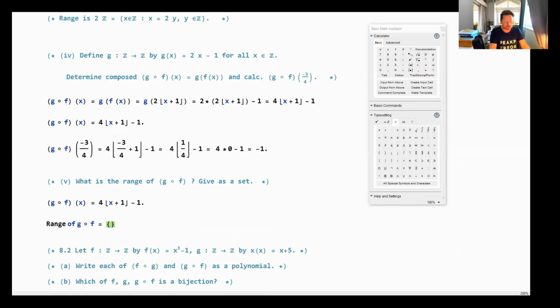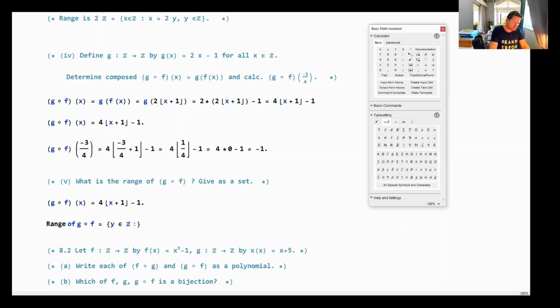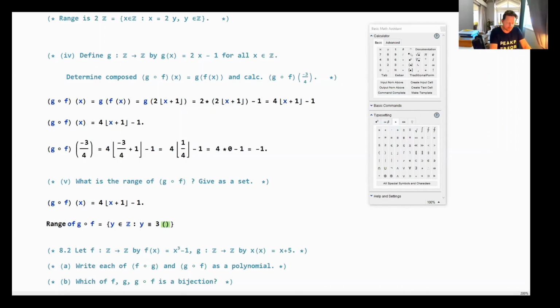let's just say integers y. Okay, so y belonging to z, such that y is congruent, sure, I'll just use that symbol. Okay, congruent to 3, and then we want to say modulo 4.